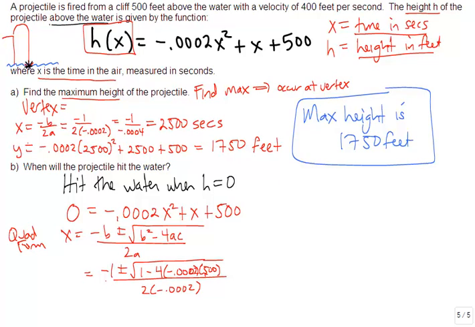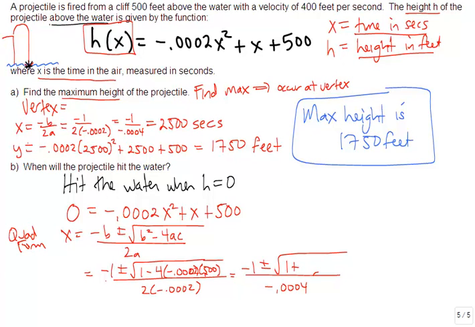Now you can do this all at once on your calculator, typing this in, but you have to be really, really careful with your parentheses. So I'm going to do it in pieces, and I'm going to start with the denominator because that one's easy to do. 2 times negative 0.0002 would be negative 0.0004. And under that radical, we're going to get 1. And we have a minus times a minus is a plus.